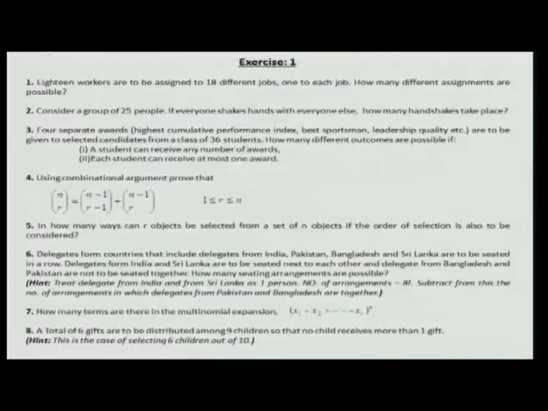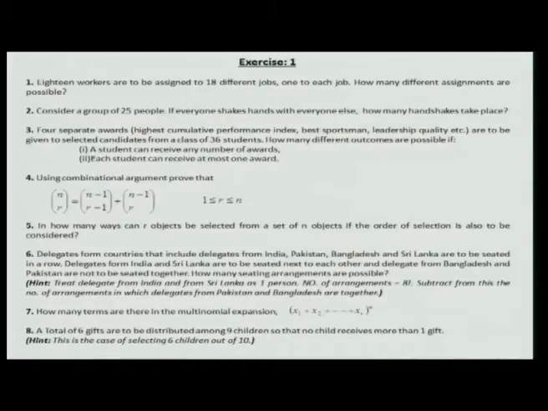How many terms are there in the multinomial expansion of x 1 plus x 2 plus up to x r raised to n? Here again I want you to do this exercise. The whole idea, the way I explained this expansion, was that you are dividing your number n into r smaller numbers n 1, n 2, up to n r, such that they sum up to n.